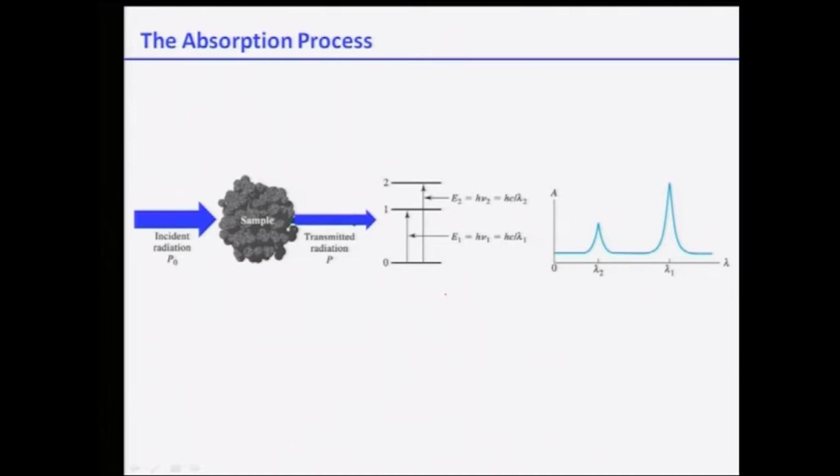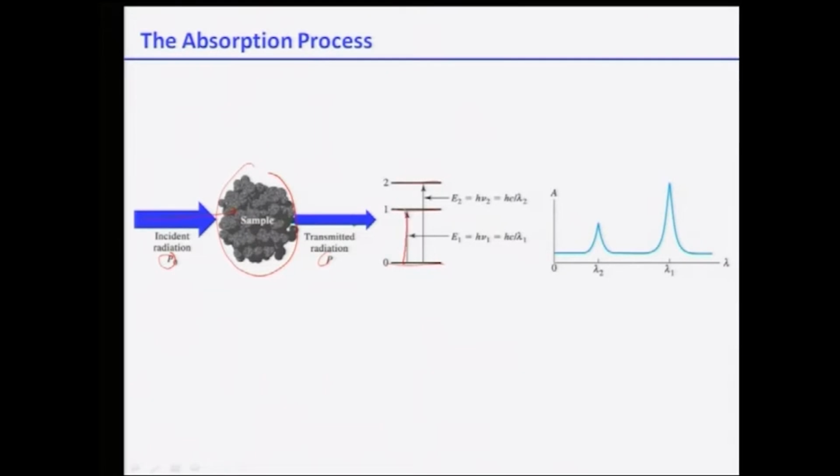Well, this is what the absorption looks like; the last one was emission. Absorption is like this. We have incident radiation of intensity P0, it falls on a sample, and P is the transmitted radiation, and we can assume that initially the sample was at ground state. Once the radiation is absorbed in the material, it can go either to state 1 or state 2.